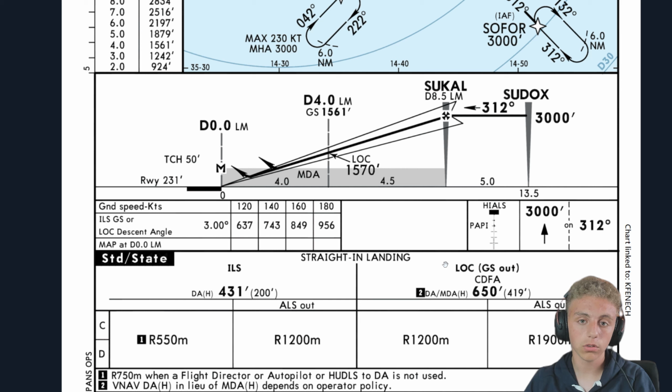Now with only the localizer, so glide slope out, your decision altitude or minimum descent altitude or height is 650 feet or 419 meters. The difference is that with the minimum descent altitude, you can stay at that altitude, but you cannot descend below it if you do not have visual on the runway.